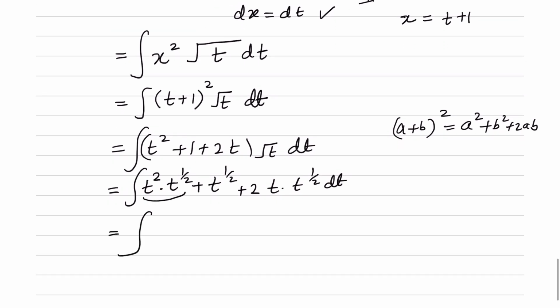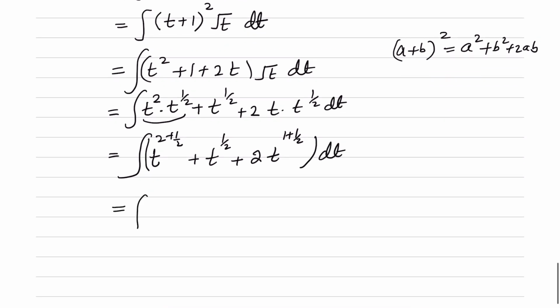Since the bases are same and these terms are being multiplied, we add up the powers. So we have t power 5 by 2 plus t power 1 by 2 plus 2 t power 3 by 2, and we integrate it with respect to t.